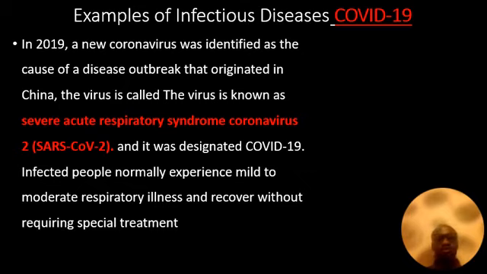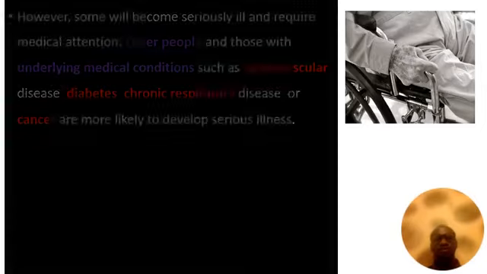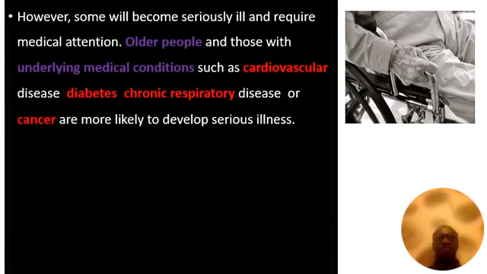It is supposed to be a mild to moderate infection, and people can recover without any special treatment. However, people that have underlying diseases, people that are sick, or elderly people can have a severe experience, and often it can lead to death.